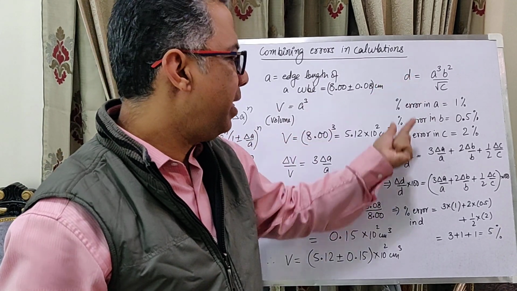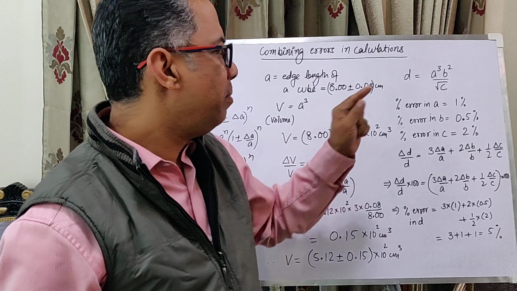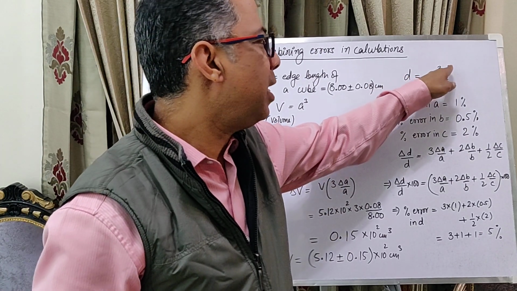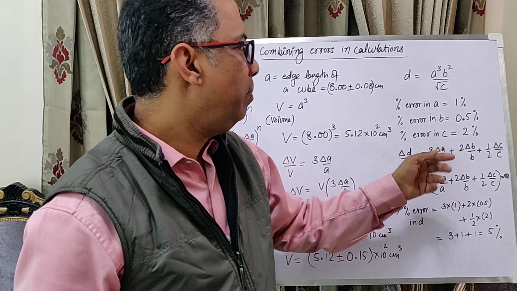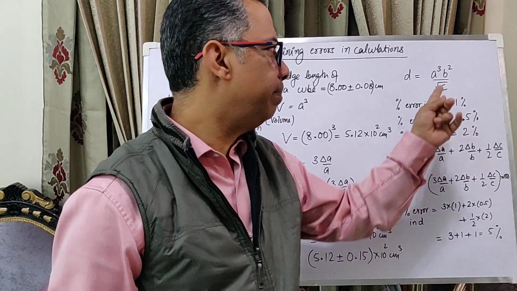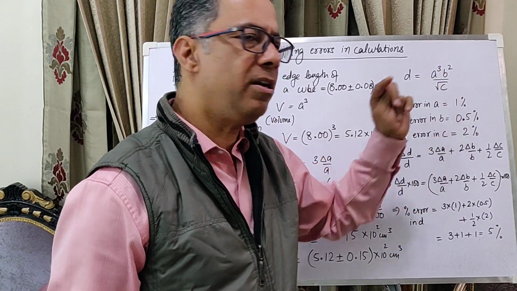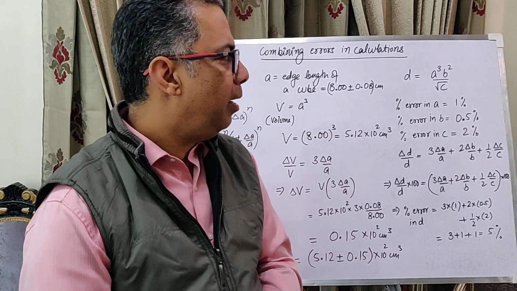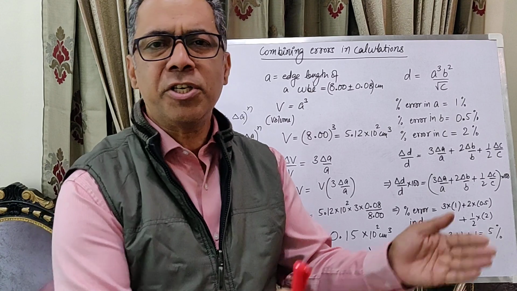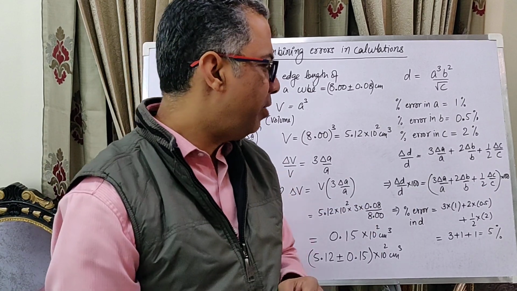Now delta D by D will be equal to, now remember, A cube is multiplied by B square and then there's a division by root C. So we'll be applying the rules for multiplication and division. And remember, in multiplication and division, the fractional errors are always added.